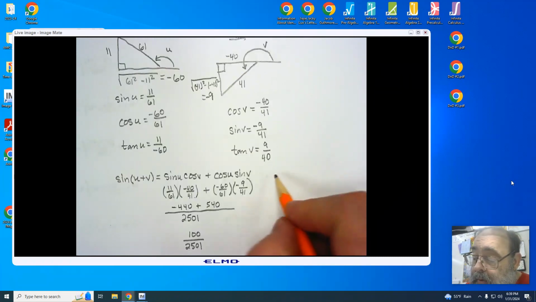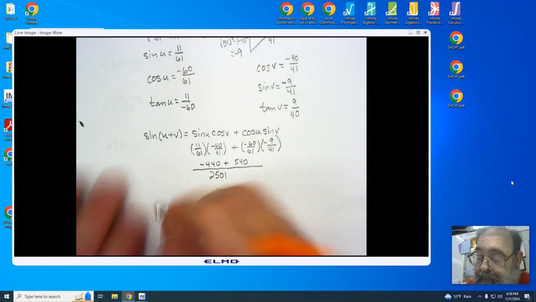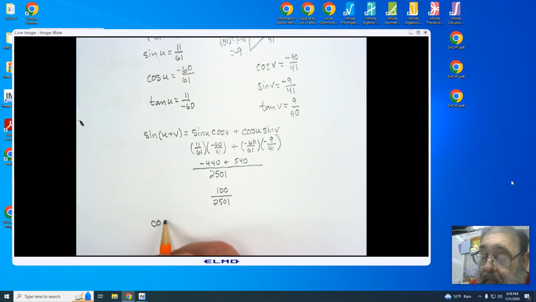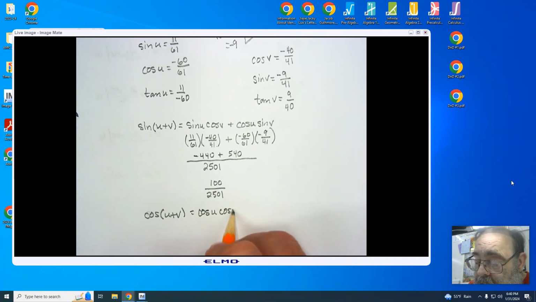We're now going to go to the cosine of u plus v. Now the cosine of u plus v is cosine u, cosine v, minus, notice they're always opposite, sine of u, sine of v.